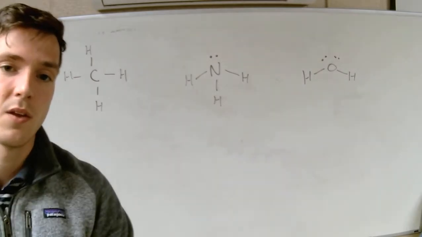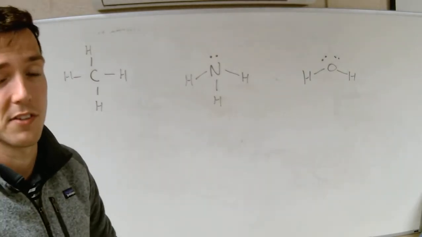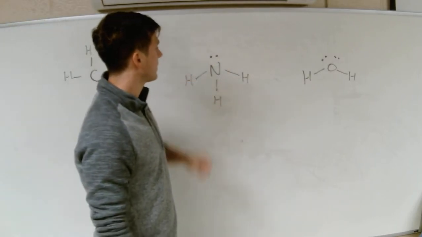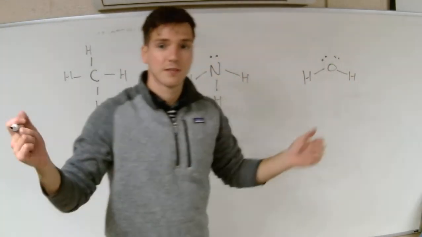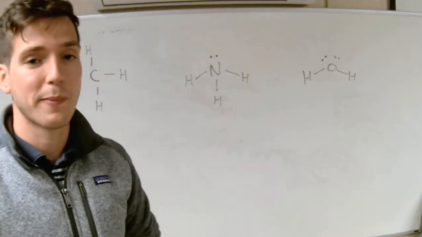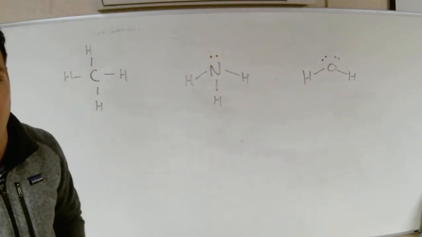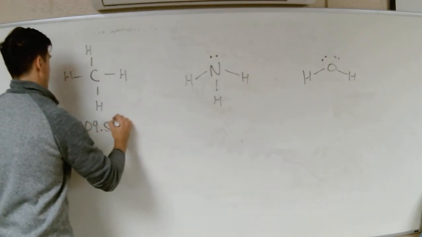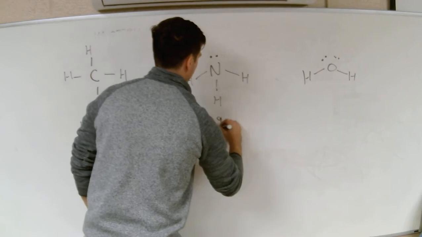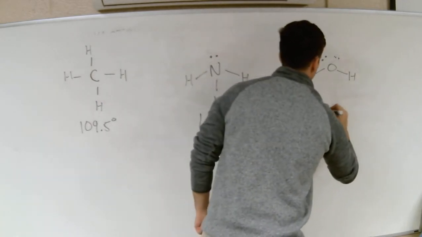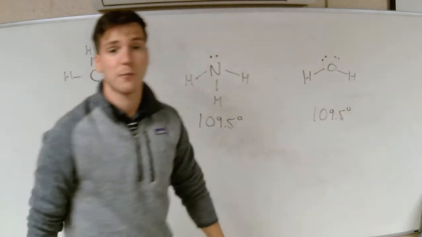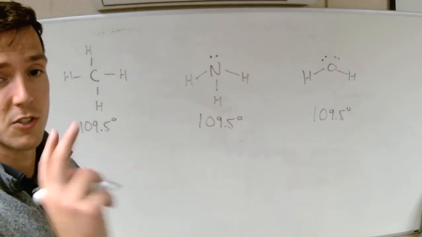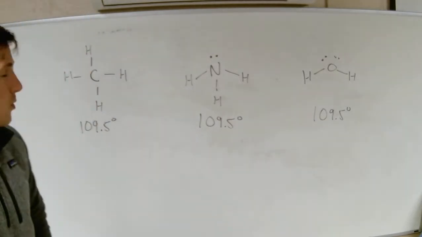Once again, they all have the same domains: 1, 2, 3, 4. They all have 4 domains. So they're all going to have the same bond angle, which is our favorite radio station, 109.5. Tetrahedral, 109.5. If you see 4 domains, you're thinking 109.5. 3 domains, 120. 2 domains, 180 degrees for a bond angle.